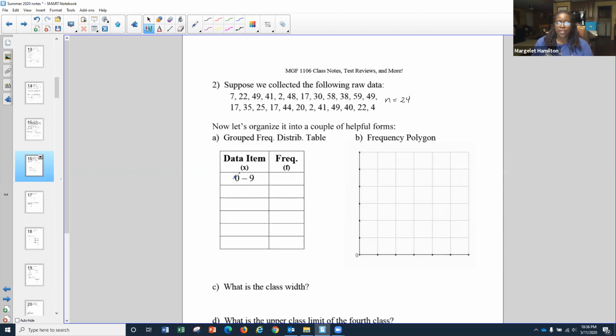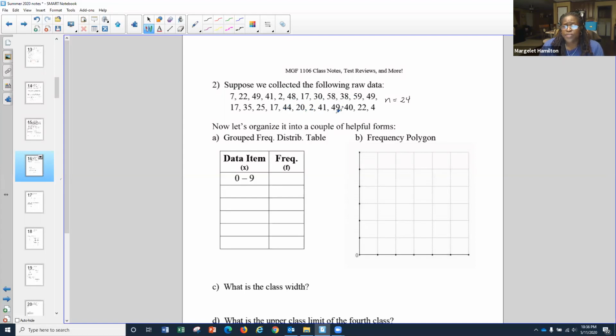Now you see how they started us off by creating our classes for us. They started us off looking at the range of numbers that we have. We have a 7, 22, 49. Then we go back to 2, the 40s, a 17, a 30. We're all over the place with these numbers.